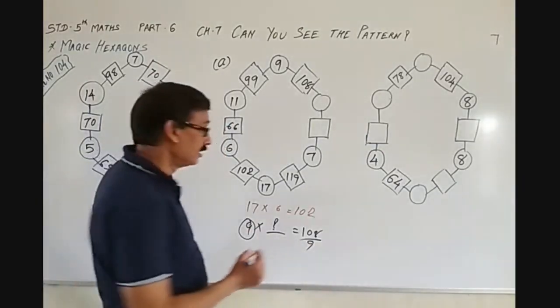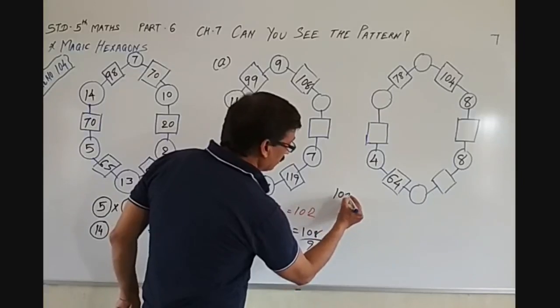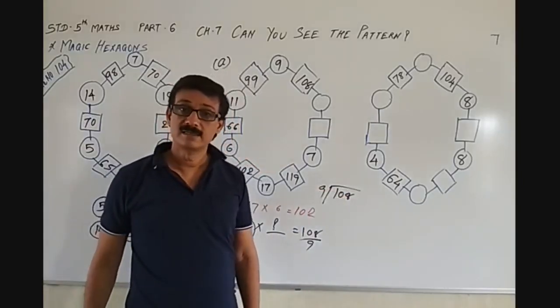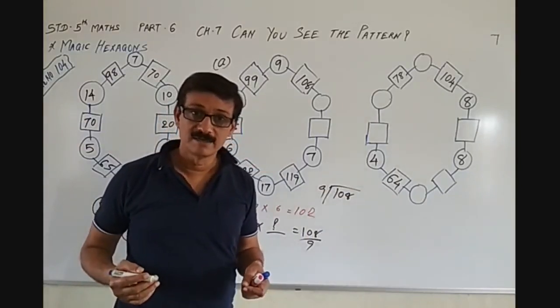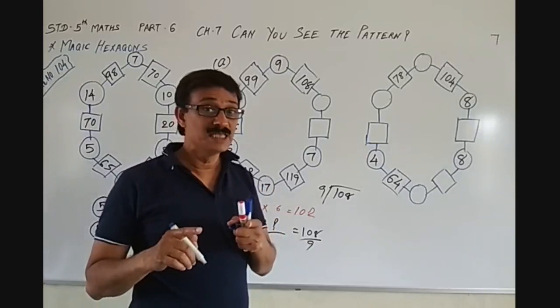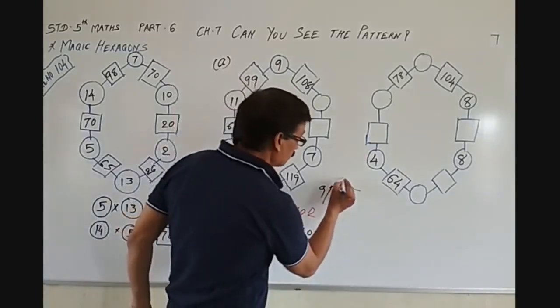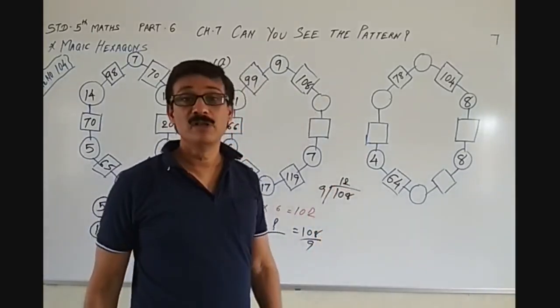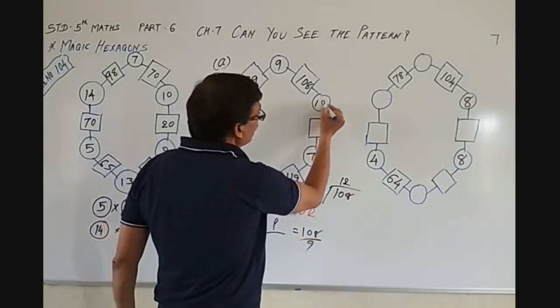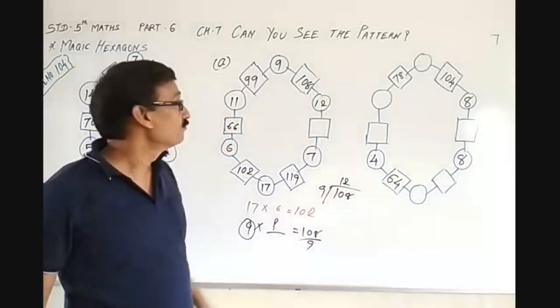So divide 108 by 9, and what is the answer? 9 twelves are 108. So here the number will be 12, isn't it?